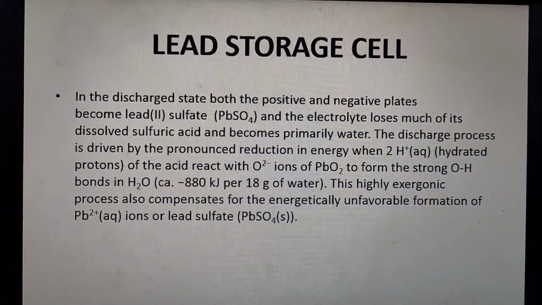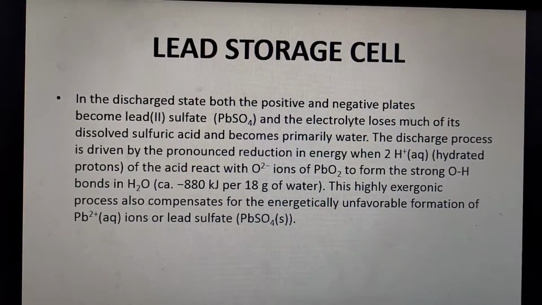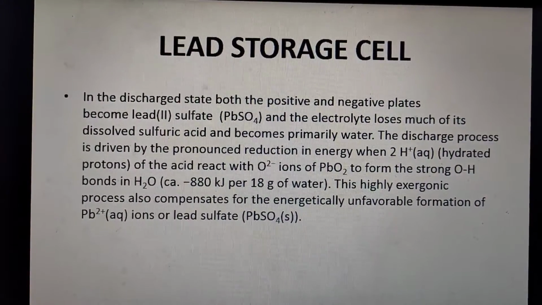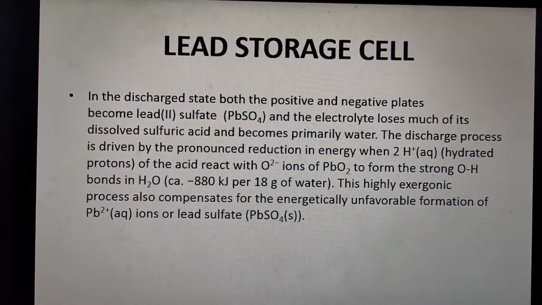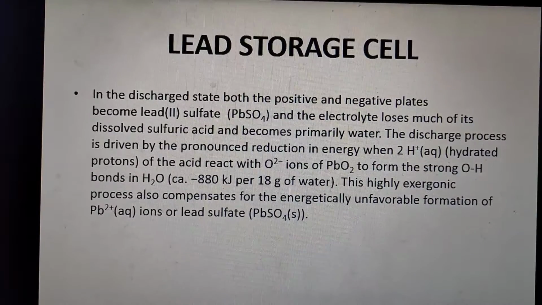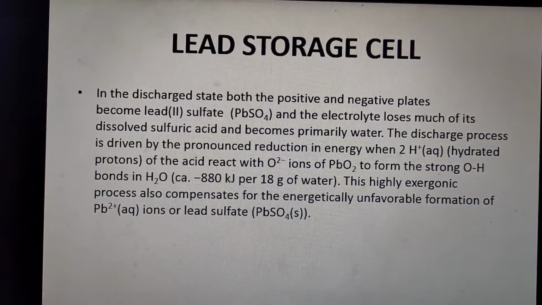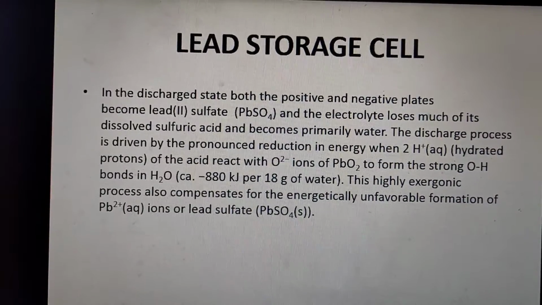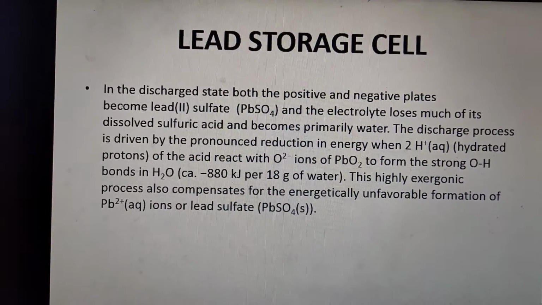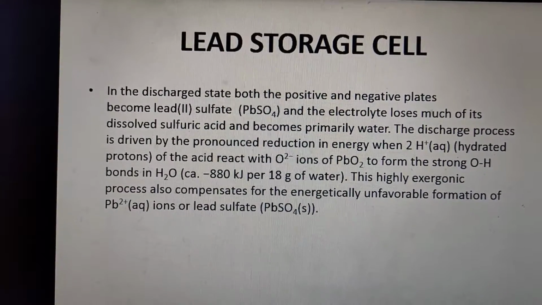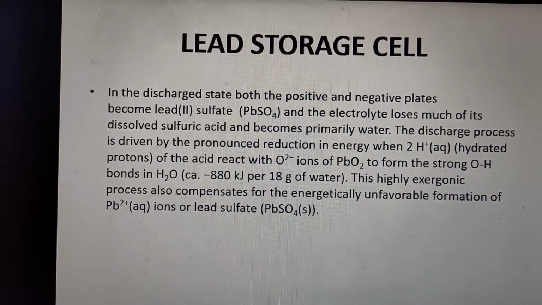Lead storage cell. In the discharge state, both the positive and negative plates become lead sulfate and the electrolyte loses much of its dissolved sulfuric acid and becomes primarily water. The discharge process is driven by the pronounced reduction in energy when 2H plus of the acid reacts with O2 minus ions of the PbO2 to form OH bonds in water.